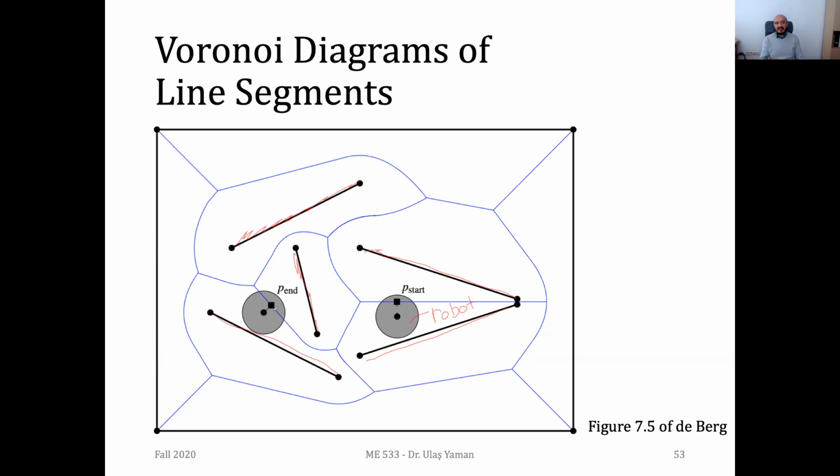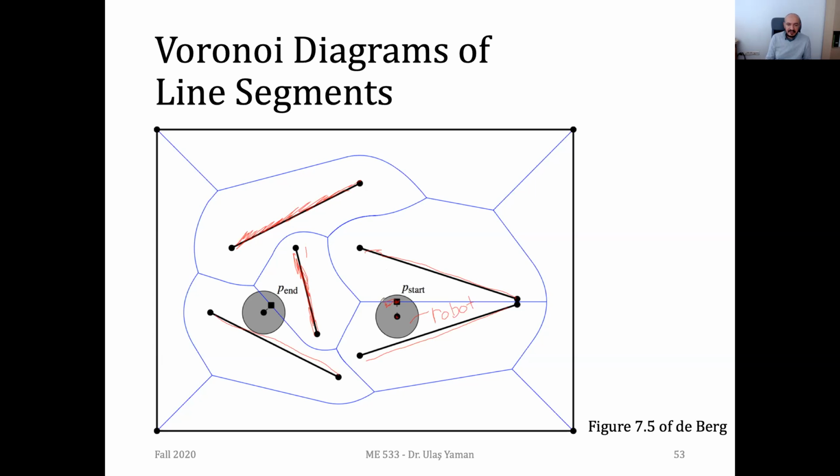Assume that there are some obstacles in the environment, and we are trying to find a way so that our robot will not collide with any of these obstacles. For that purpose, we can use a Voronoi diagram. Once you obtain the Voronoi diagram of line segments, then by simply using their edges and doing a depth first search, for instance, starting from this point, the first thing the robot should do is to match its center with the Voronoi lines or edges.